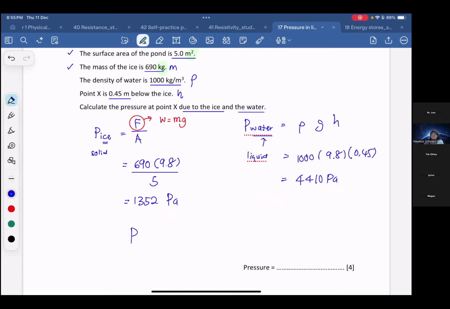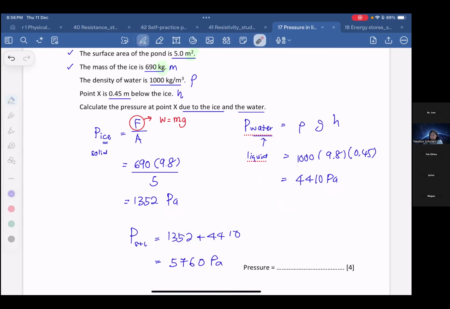So what is your pressure due to the solid plus liquid? 1352 plus 4410. So you should get 5760 Pascal, not Newton.